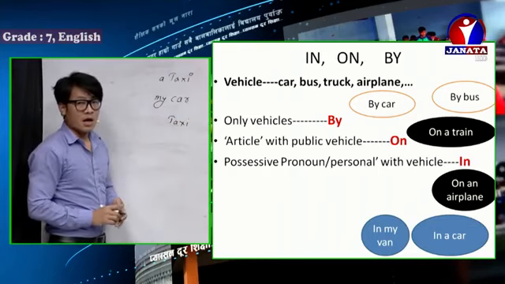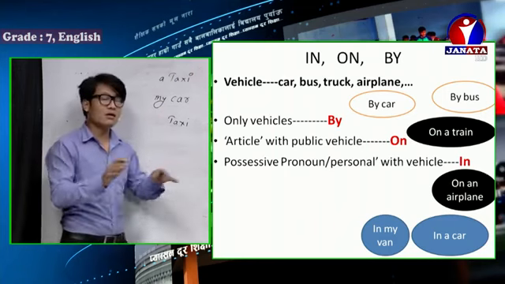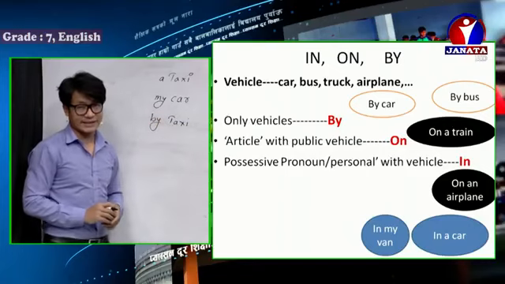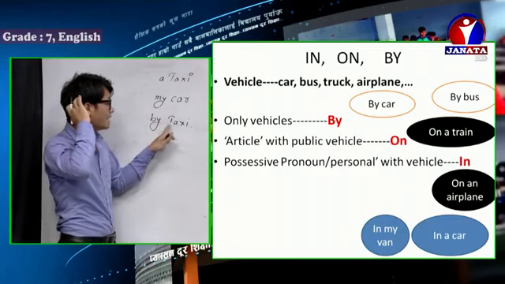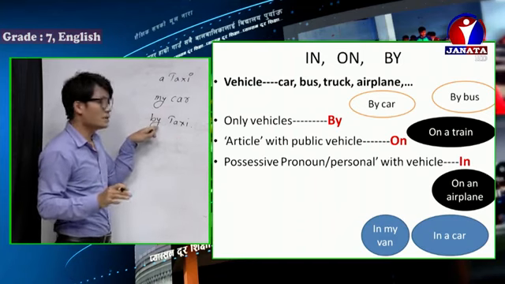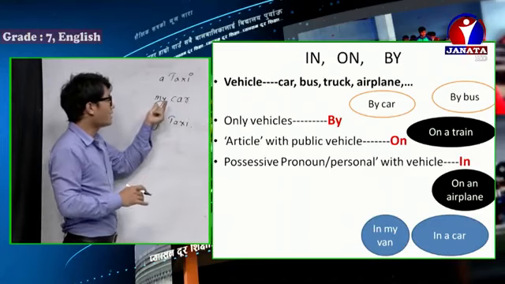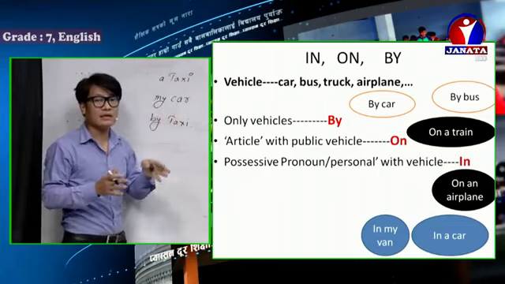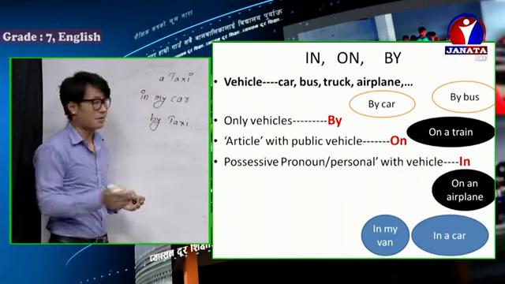I have told you that if there's just a vehicle, no article, no possessive pronoun, then we use by, like by taxi, because here is nothing before taxi. So we use by taxi. Next is car, and here is my. A car is a personal vehicle, and here is my, and it also shows that this is a personal vehicle. So we use here in my car.